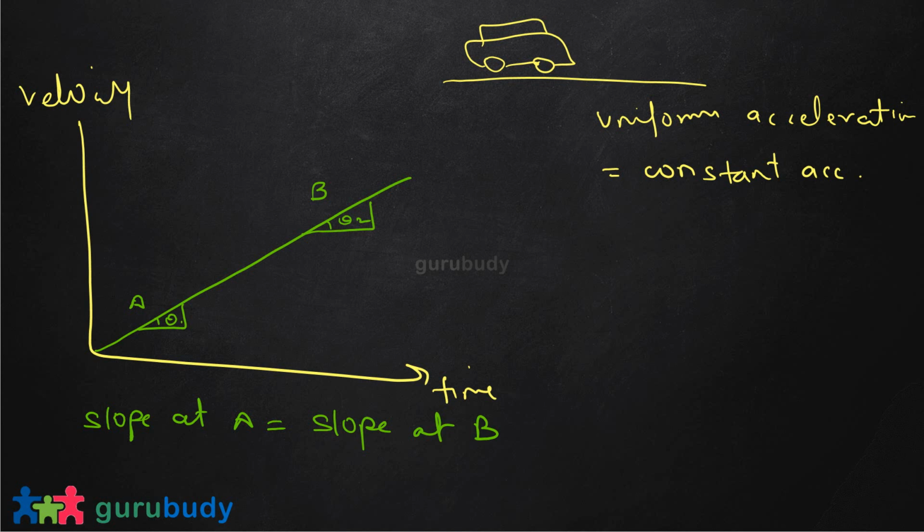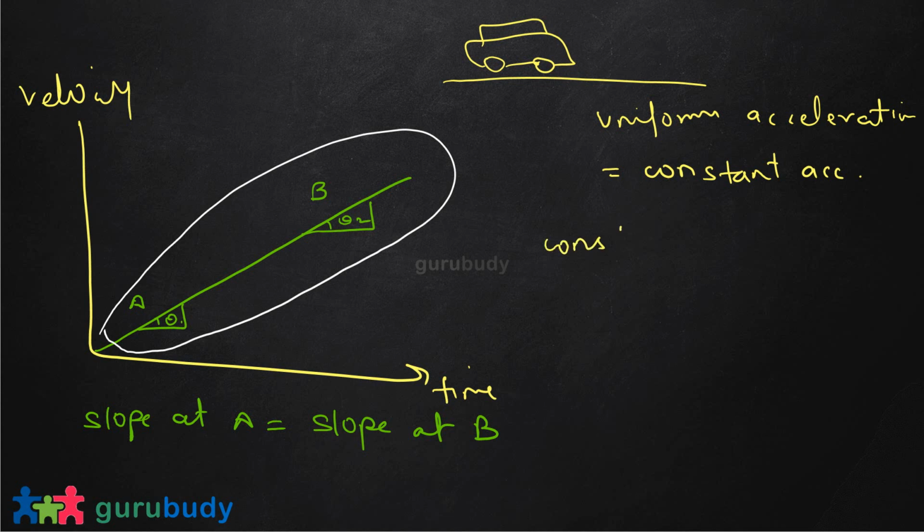So for uniform acceleration, your velocity time graph has a constant slope. Remember that if I'm looking at uniform acceleration, the slope of the velocity time graph would be constant.